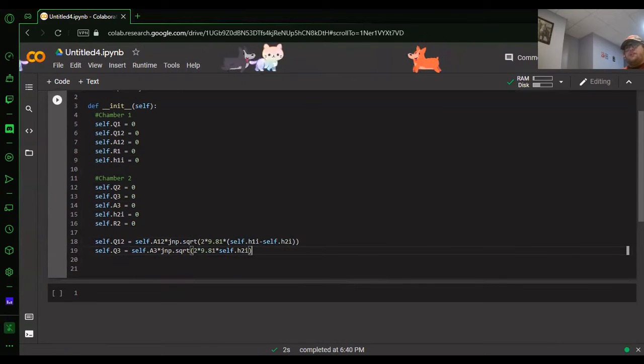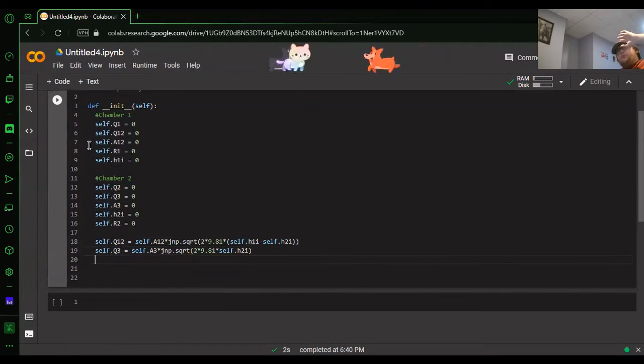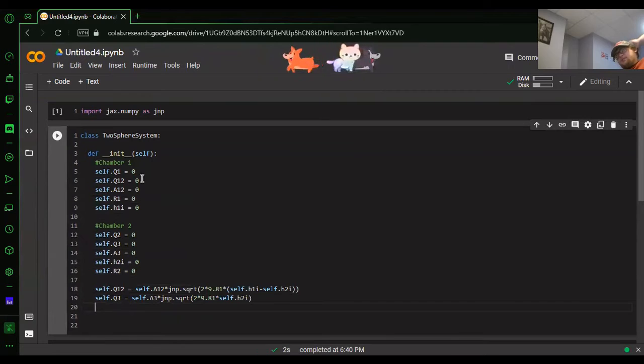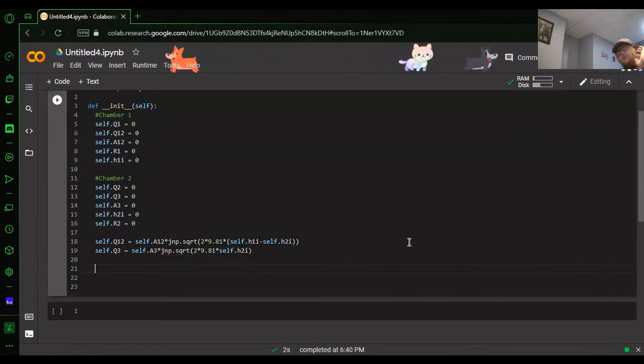Now what's going to happen here is, no matter what we set these values to, because they're all set to 0 right now, these will always go to 0. So what I'm going to do is make a method known as steady state.